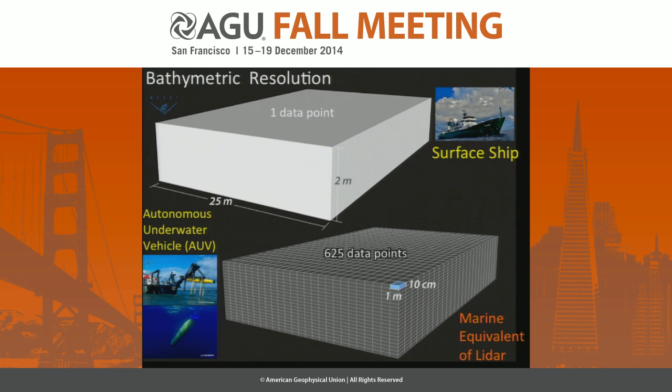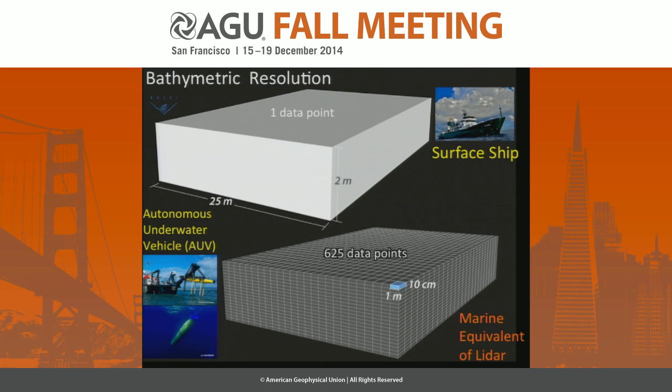Before going into the data, I'd like to point out that there's a whole issue of bathymetric resolution. In many regards, surface ships can collect some wonderful-appearing multi-beam data, but the reality is that the resolution actually being collected on most continental margins is, you're lucky if you get a 25-meter pixel size with about a couple meters of vertical resolution, and this is completely inadequate to study near-seafloor deformation.